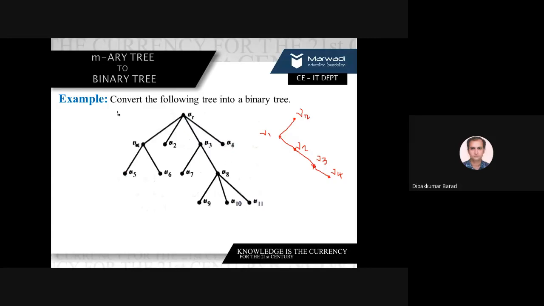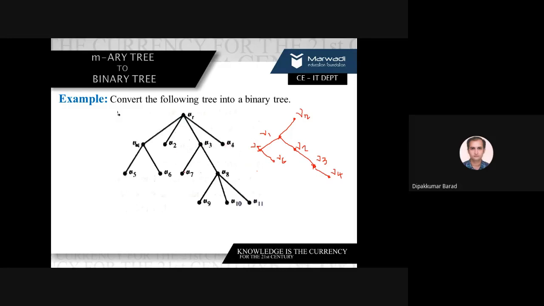So here I get the left child V5. Now V6 is a sibling of V5, so V6 is the right child of V5 in the binary tree, according to our algorithm.